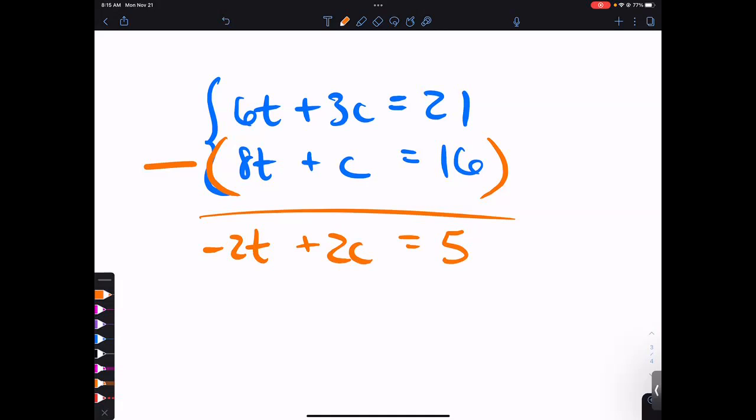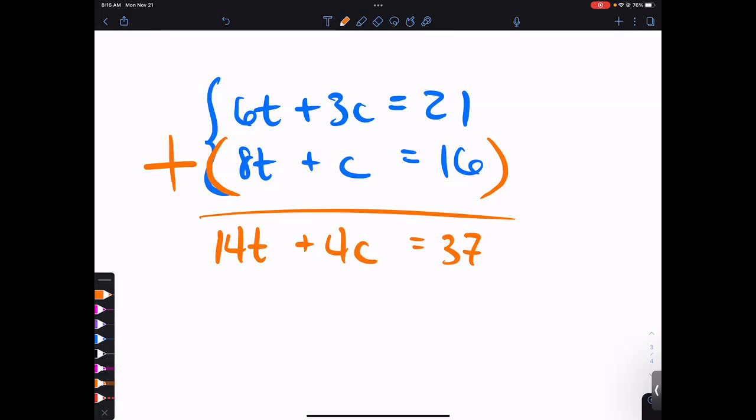Does anybody see something we could do to tweak this idea a little bit so that it gets us somewhere? Okay, what if we try adding them together? Add instead. 14T, 4C, 37. Okay, but that's still got T and C both in it, right?